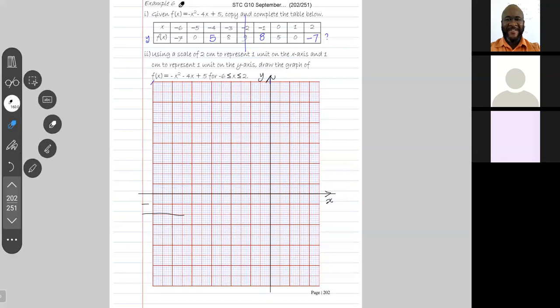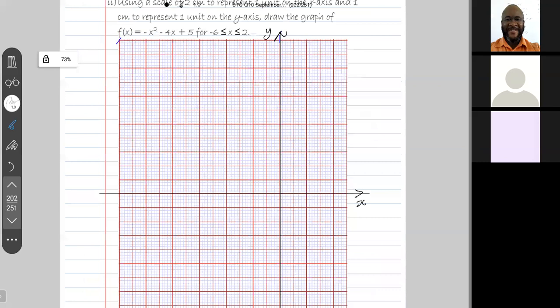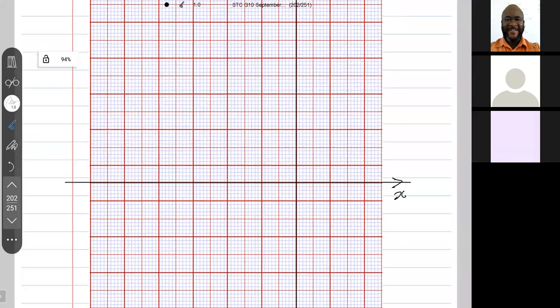All right, and let's label our axes. On the x-axis, the scale is 2 centimeters to 1 unit. 0, 1, 2, -1, -2, -3, -4, -5, -6.